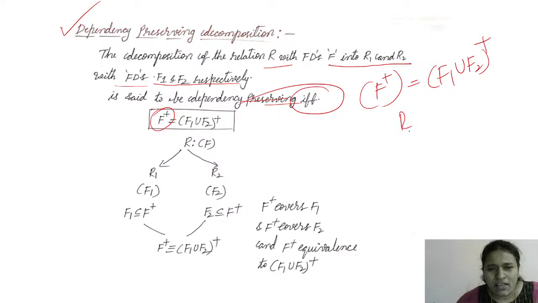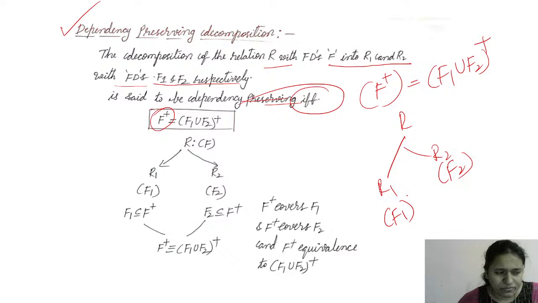If R is a relation and R1, R2 are its decomposition, F1 is the functional dependency set for relation R1 and F2 is the functional dependency set for relation R2. Then F1 should be a subset of F plus and F2 also a subset of F plus.